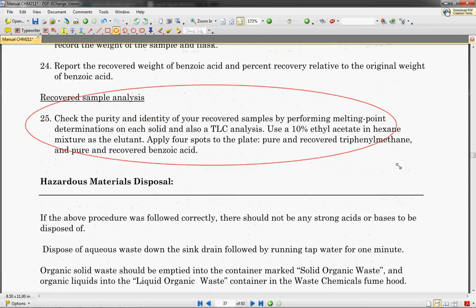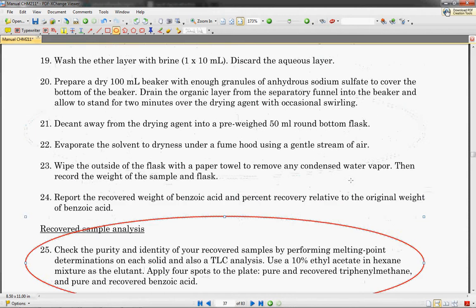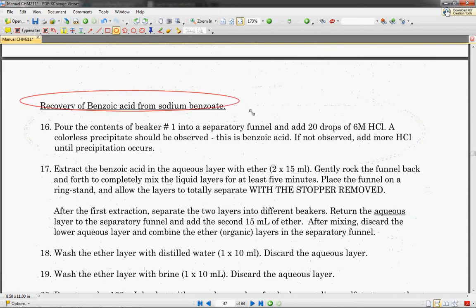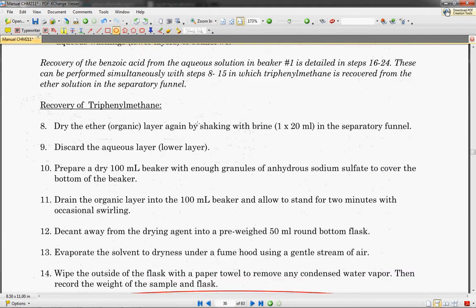And how do we find the purity of it? Well, if we remember from our very first lab, we can use TLC to find if there are more than one compounds in there, and we can use the melting point to find the purity of what we have. So in a similar fashion, we're going to do some similar steps for the recovery of benzoic acid from sodium benzoate.